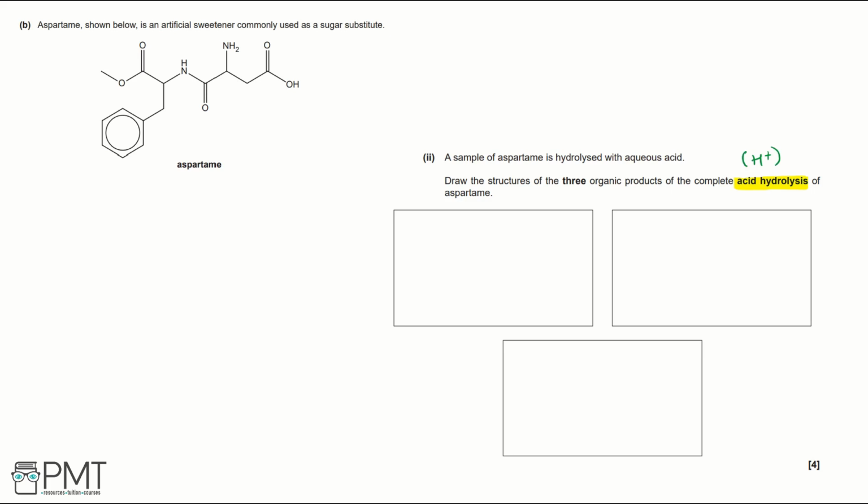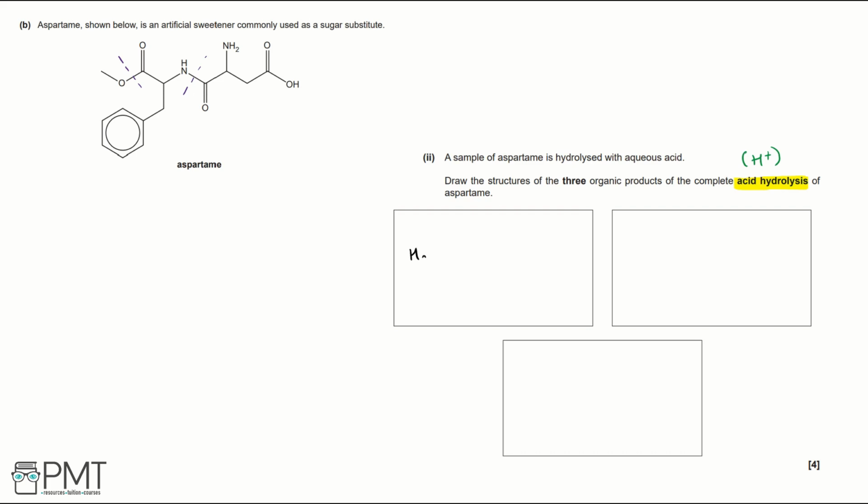So the bonds that are going to be broken are this ester bond and this amide bond. So when you break your ester bond, you're going to form an alcohol and a carboxylic acid. And when you break an amide bond, you form an amine and a carboxylic acid. So starting with the ester group first, breaking it and forming the alcohol, we're going to form methanol.